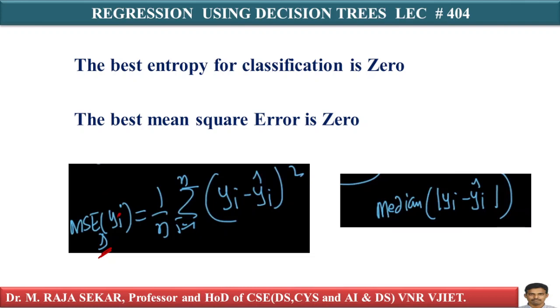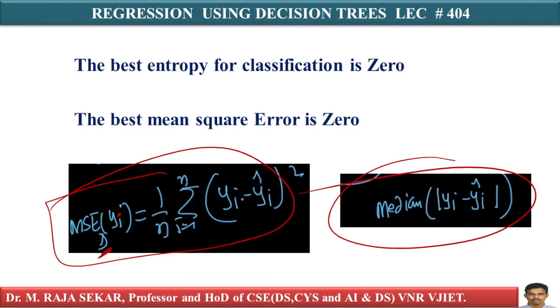This is the same as the median absolute deviation that we saw in exploratory data analysis. Either you can use mean squared error, or you can use the median of absolute yi minus y cap. Both of them are possible.